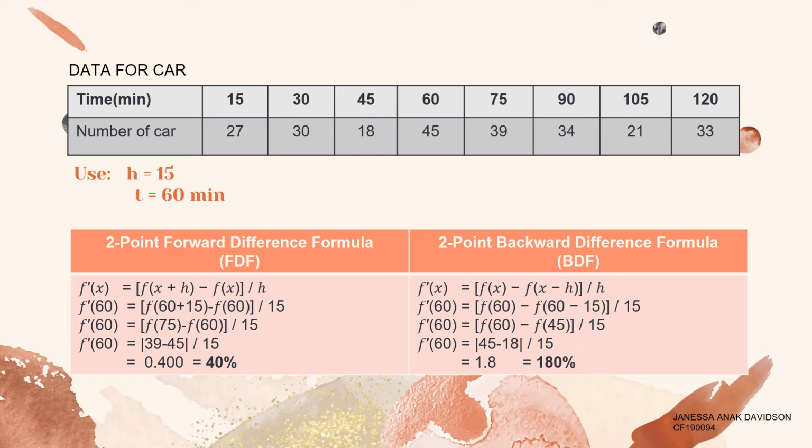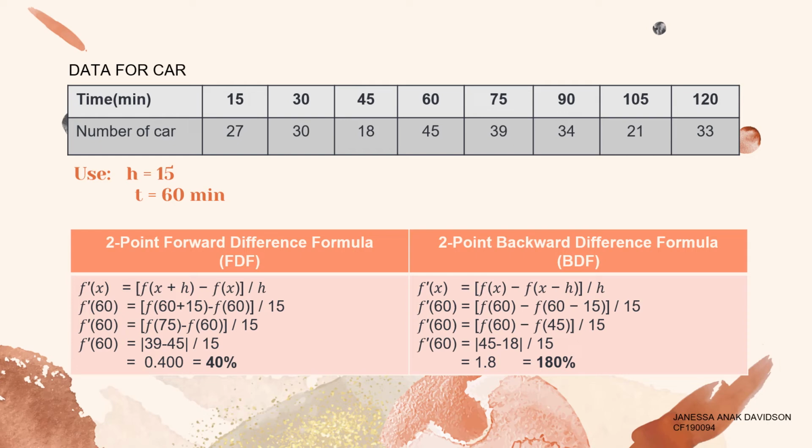The two-point forward formula FDF is f prime x equal to f(x plus h) minus f(x) over h. Now we can substitute all the x and h values. The result for the 2-point forward difference formula FDF is 40%.